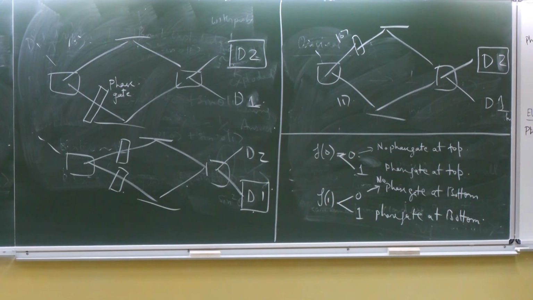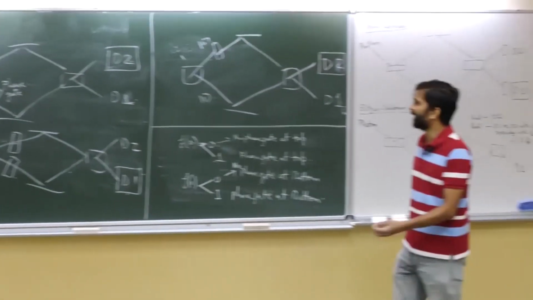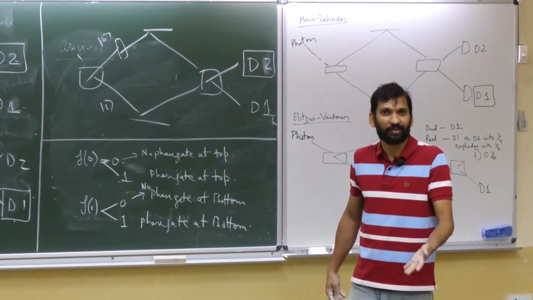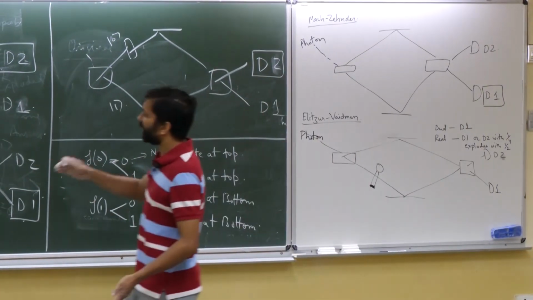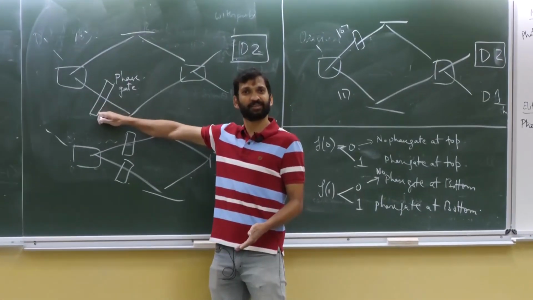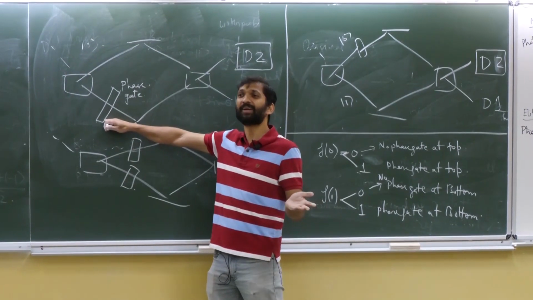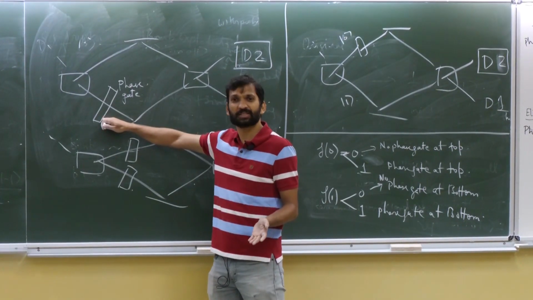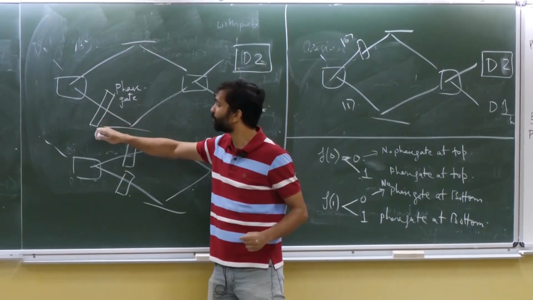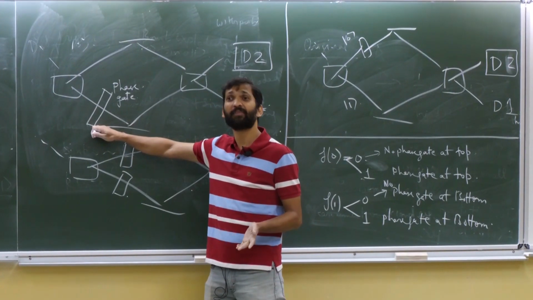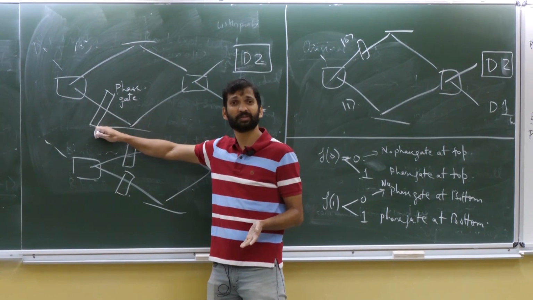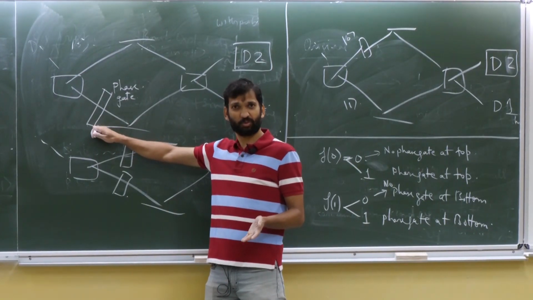Okay, again, I wanted a computational problem, right? So I'm creating a computation, I am creating a function, right? Where what am I saying? If I'm putting a phase gate here at the bottom, I will say the function value here is 1. If I'm not putting a phase gate here, I will say that my function value is 0.